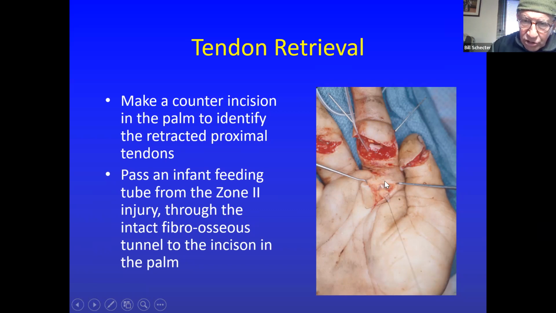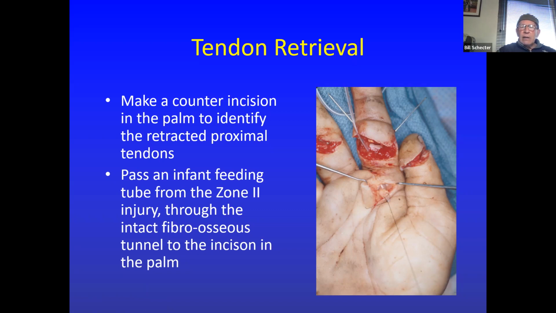And then you're just going to gently pull the infant feeding tube back, which will then pull the cut end of the tendon back. Now take a needle, like a 22 or a 23 gauge hypodermic needle, and stick it transversely across the tendon. And that will hold the tendon in place, and then you can do your tendon repair.